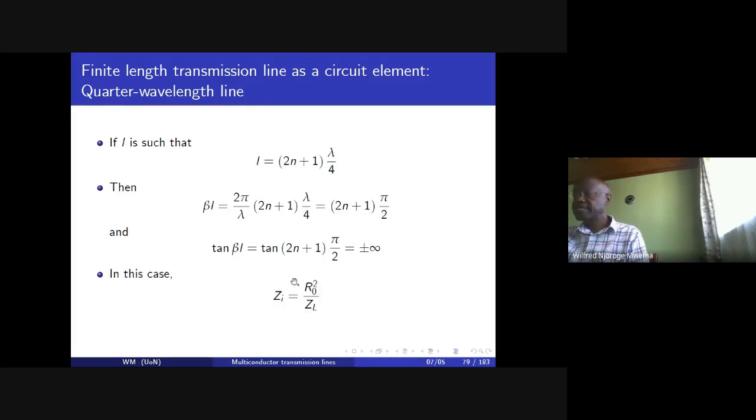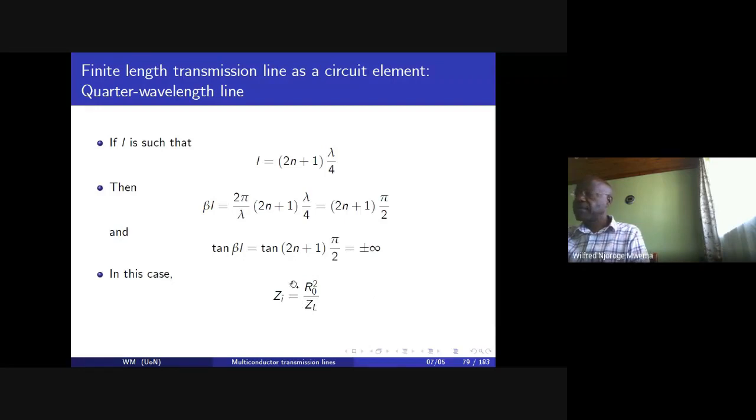And in this case, Zi is going to be given by Z0 squared divided by ZL. Here I'm using R0 to represent a real Z0, but I think I should change this to Z0 so that we don't have too many variables in our notes.